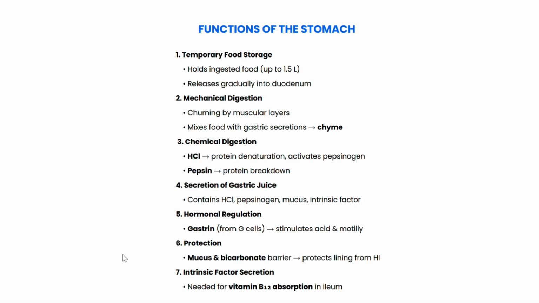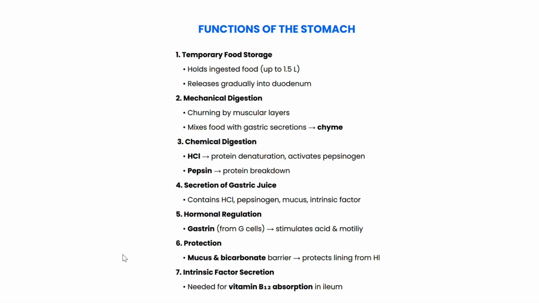But while it's busy breaking things down, the stomach also protects itself. It lines its inner surface with mucus and bicarbonate, forming a barrier that seals the tissue from the harsh acidity. Without this, the stomach would literally digest itself. And finally, the intrinsic factor produced by parietal cells. This might sound small, but it's essential for the absorption of vitamin B12 in the ileum.